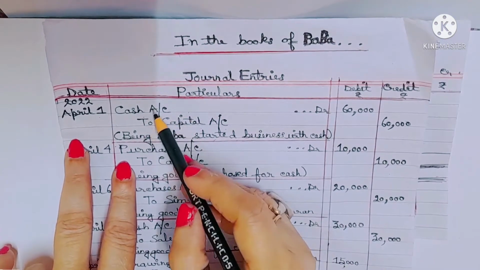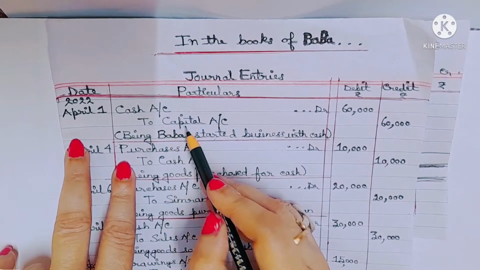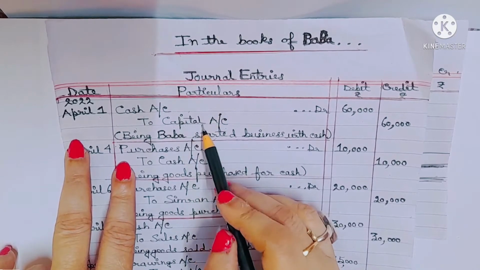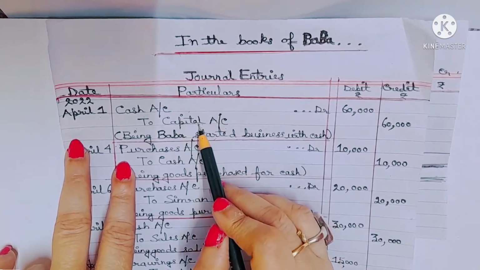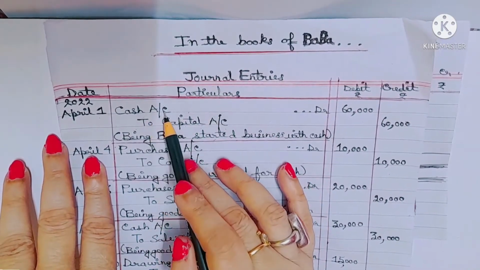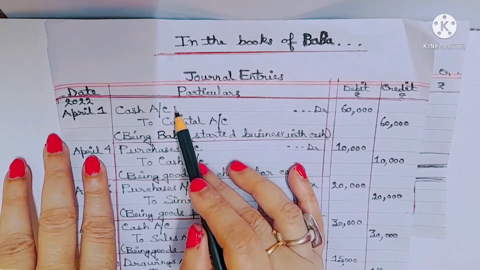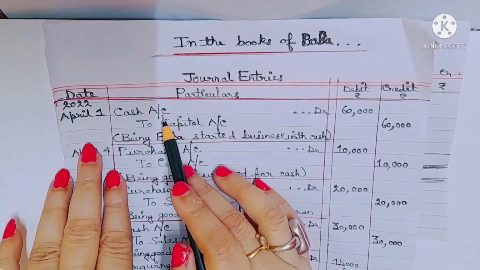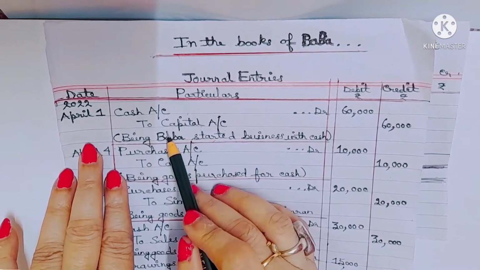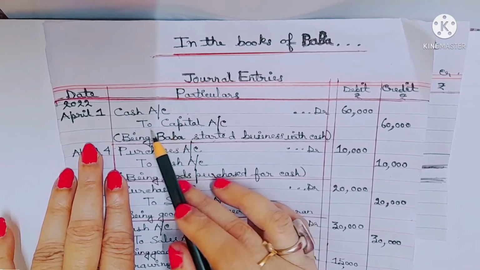So what will happen? If cash account is debit, the account on the opposite side will also be debit. If cash account is debit, the account on the opposite side is also debit. And cash account does not appear in the cash account. Understood? You can't write cash in the cash account. Always remember, if cash account is debit, we are preparing cash account. If cash account is debit, which account is going to appear? Capital account. Which side? Since cash account is on the debit side, capital will also appear on the debit side.